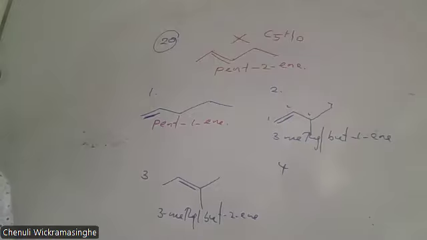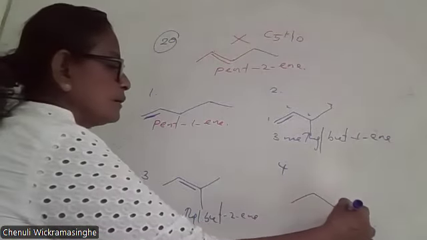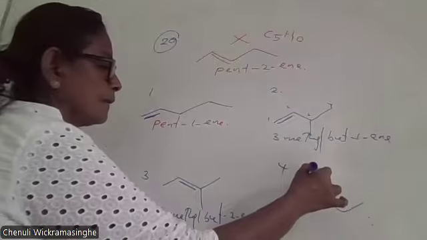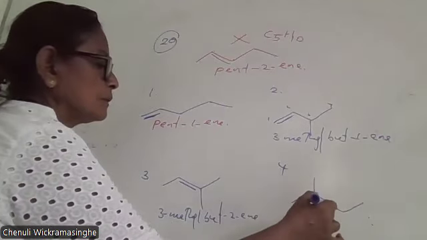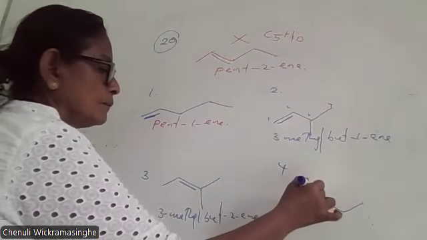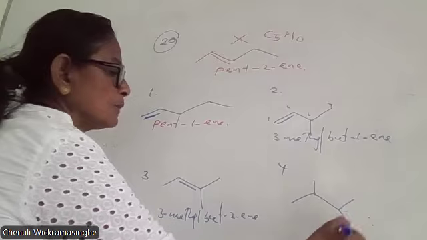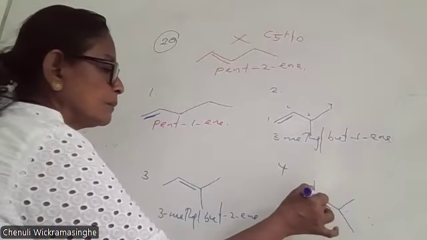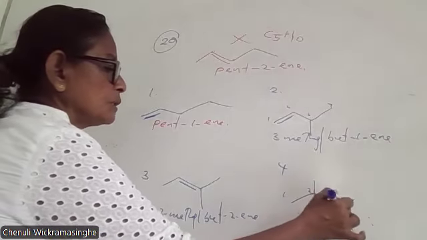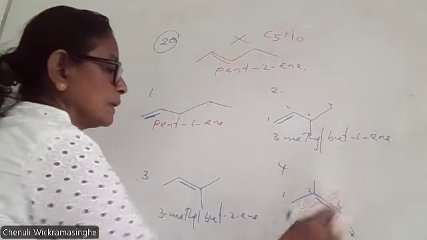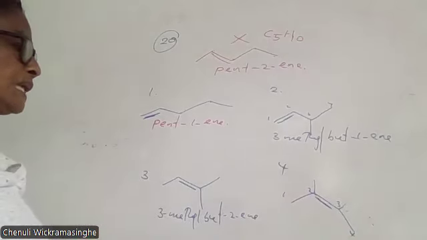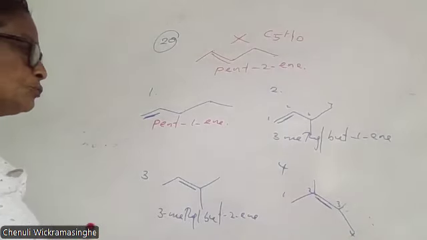We can also have structures with 2 branching. How can we get the 2 branching? With 1, 2, 3, 4 carbons and the double bond, this is 2-methyl but-2-ene.